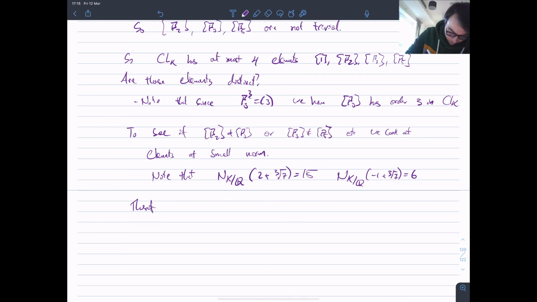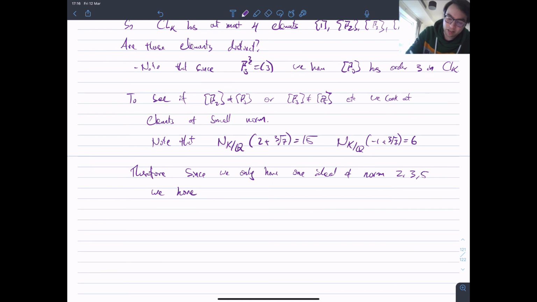Therefore, since we only have one ideal of each of the norms 2, 3, and 5, you can immediately factor the ideals that these elements generate.